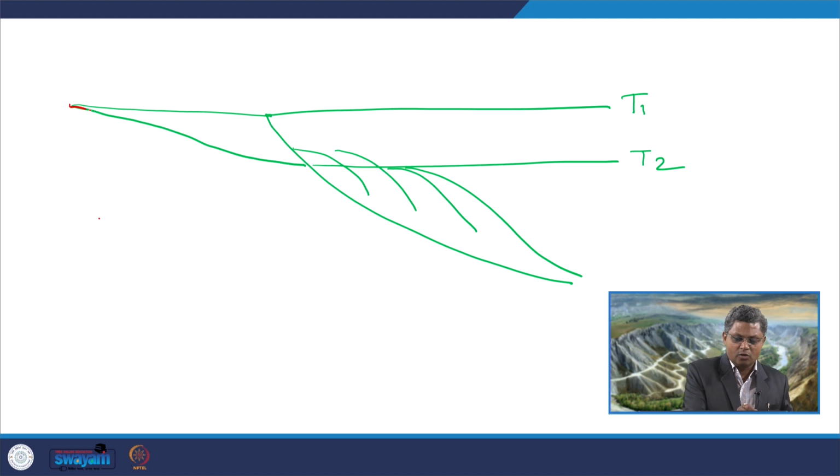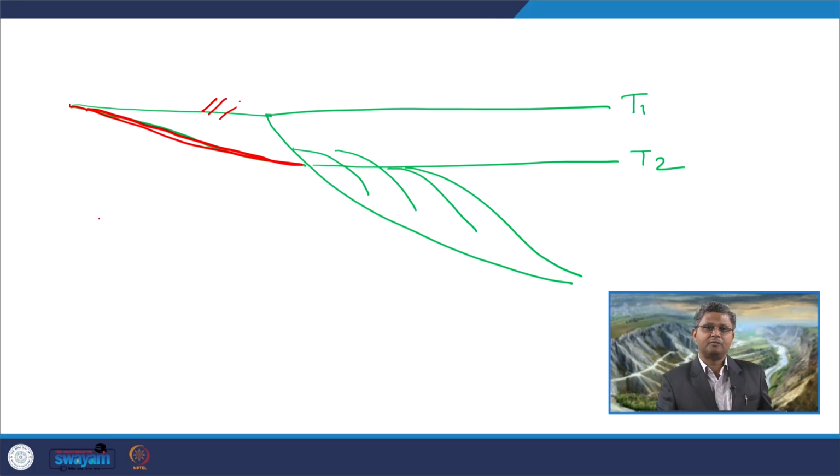We are getting one surface, the final surface. So, the erosion started from this point, and this part of the deposits which are present are removed through the fluvial incision process, and finally what we are getting is this particular surface.